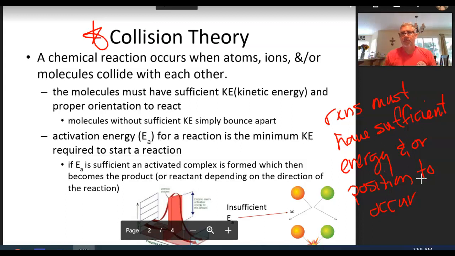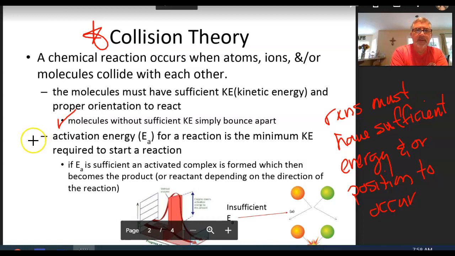So kind of like the kinetic molecular theory, they must have sufficient kinetic energy. So they have to hit hard enough to join. So molecules without sufficient kinetic energy simply bounce apart.